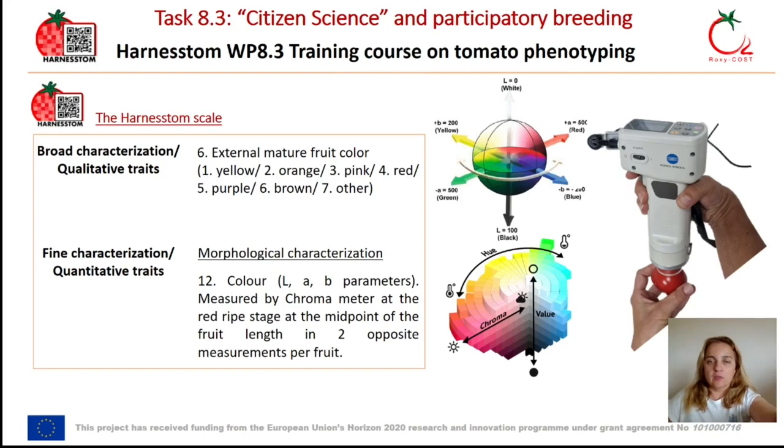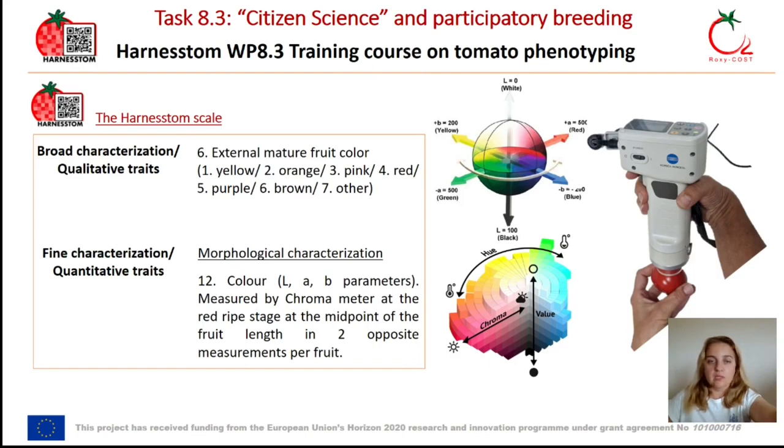In our Harnestone phenotyping trial, we are going to assess this trait both qualitatively and quantitatively. For qualitative evaluation, we will use the CPVO scale with one change in the last state of the descriptor. Instead of green, we put other, which will cover all other colors. For quantitative evaluation, we will use the International Commission on Illumination color space.